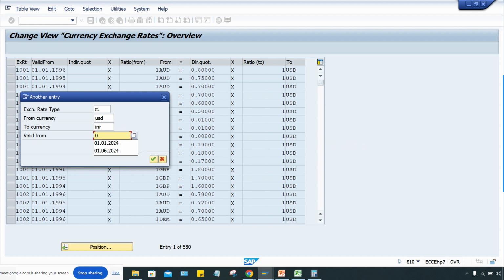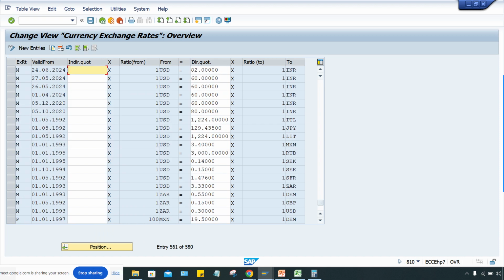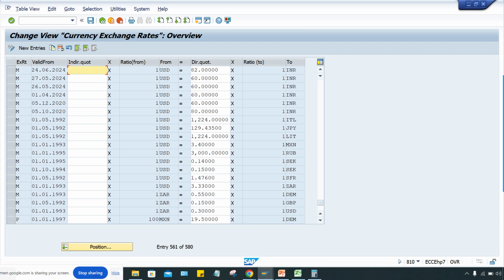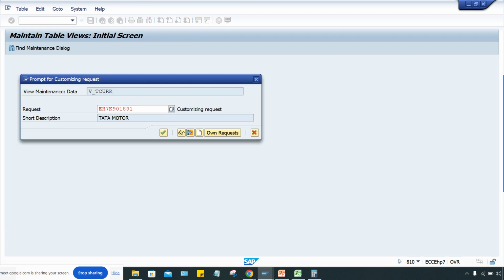I have given 24, and here I have specified the rate. Let's suppose 80, a round figure.